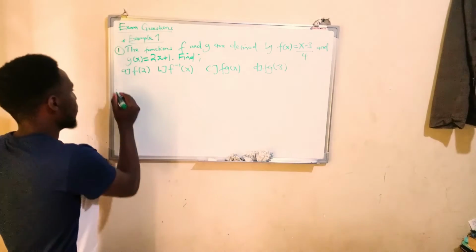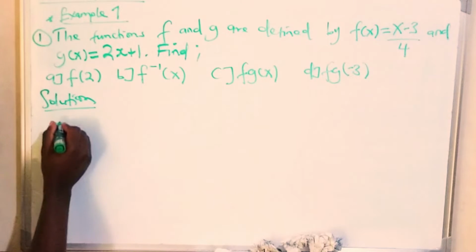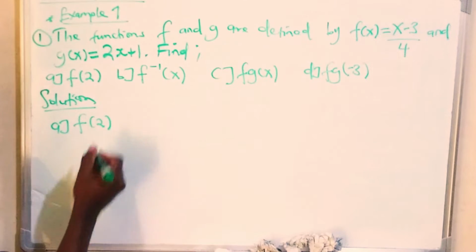So I'm going to start with a here, f of 2.